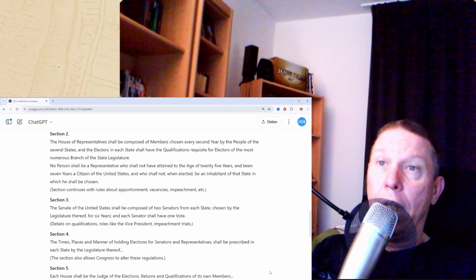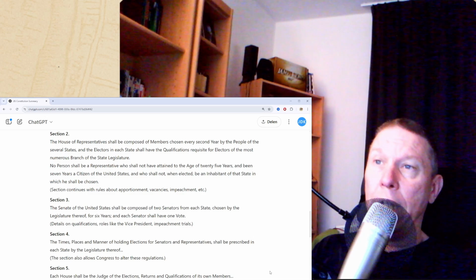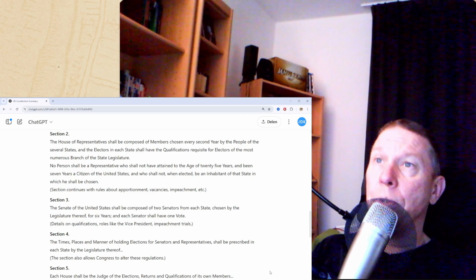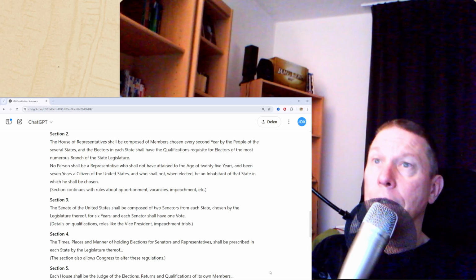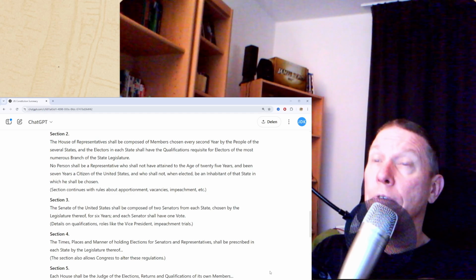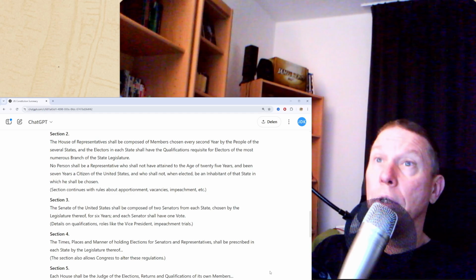Okay, then section 4, the times, place, and manner of holding elections for senators and representatives. Is there a difference between a representative and a senator?